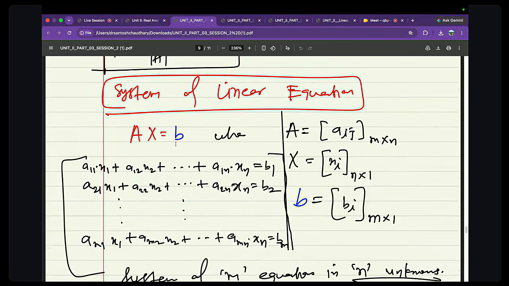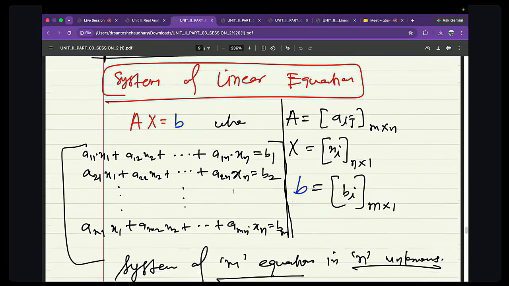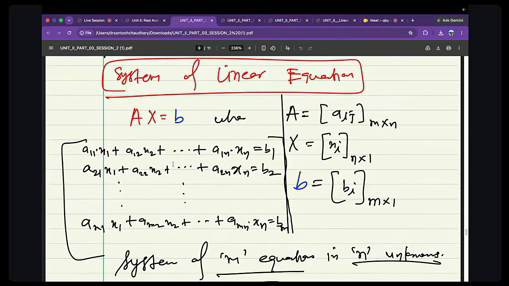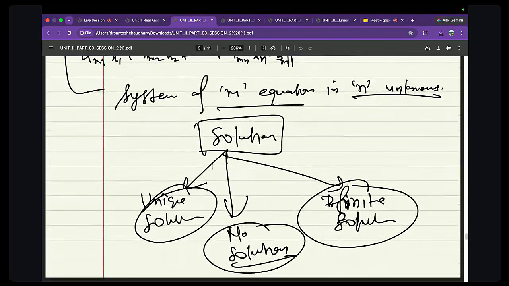Then you have a system of equations. A system of equations is AX = B, where A is an m cross n matrix, X is an n cross 1 vector, and B is an m cross 1 vector. So this will look like this. The solution has three possibilities: unique solution, no solution, infinite solution. If it has either a unique solution or infinite solutions, we call it a consistent system; inconsistent if it has no solution.